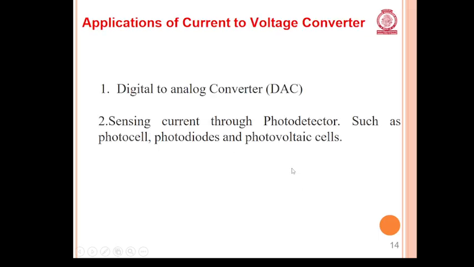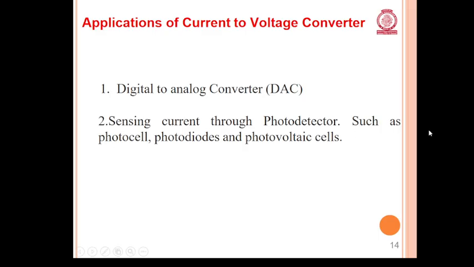Here are the applications of the current to voltage converter. It is used mainly in analog to digital converters and the automation and instrumentation industry in current sensing applications, like current sensing through photo detectors such as photocell, photodiode, photovoltaic cell, where the output will be current, but for a data acquisition system we require voltage to store it.